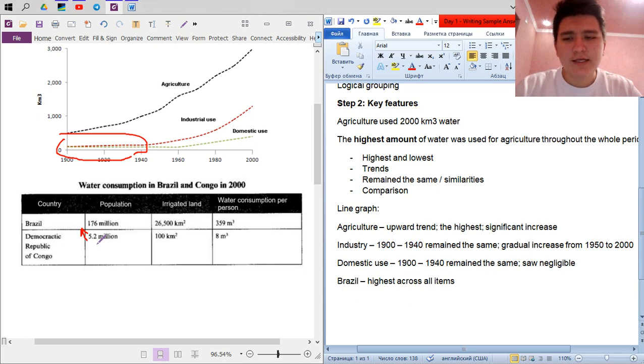Yeah, it's like 35 times bigger. How about this one? It's like 26,000, if I'm not mistaken, so you need to multiply 100 by 26, or am I wrong? Okay, so the difference is that big.